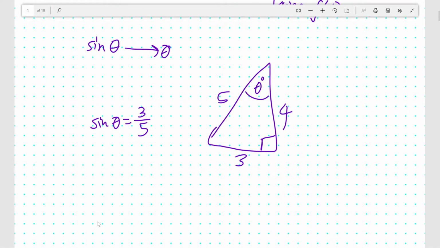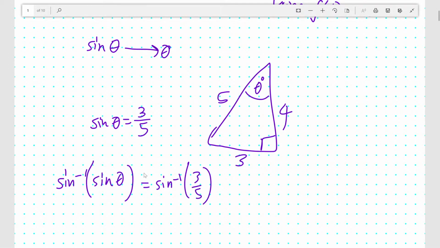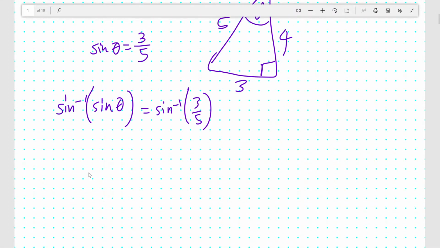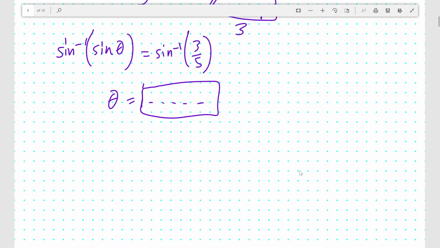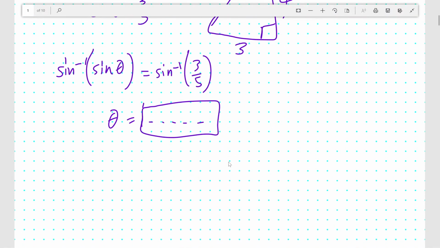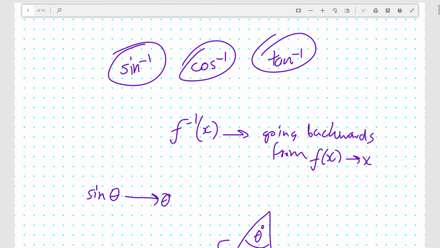So you're going to take the inverse sine of 3 over 5, because this will eventually lead you back to the angle theta. It's going to be something pretty funky, not a special angle, but just something you can find out on your calculator. But that's basically an introduction to these inverse trig functions.